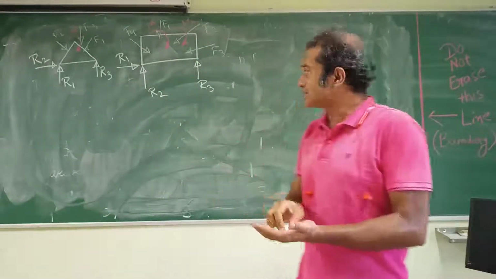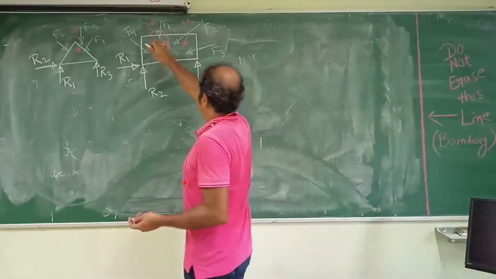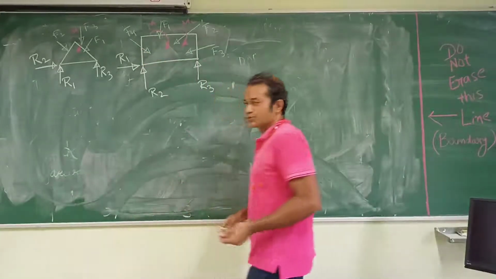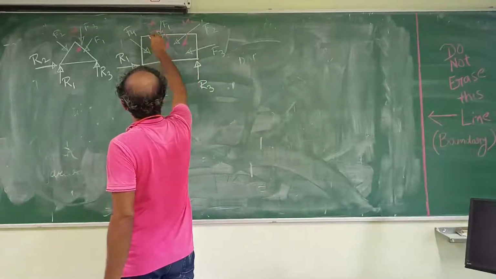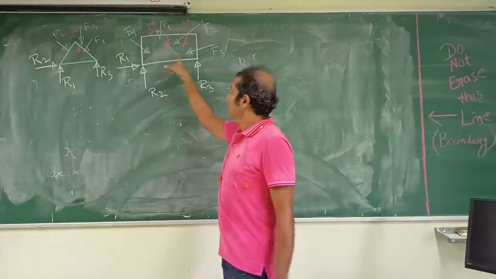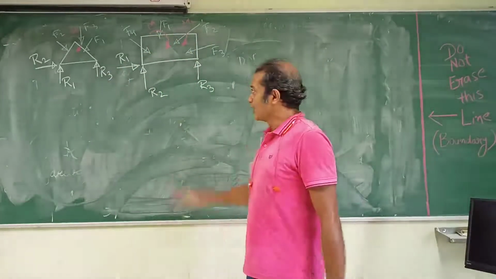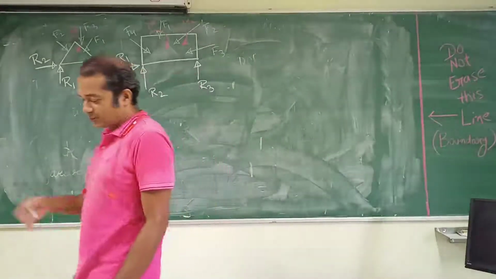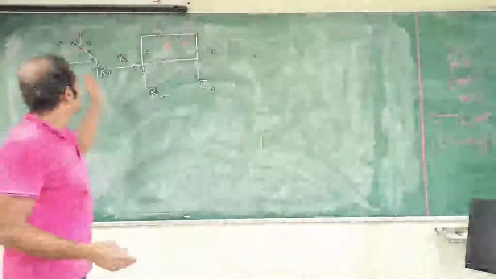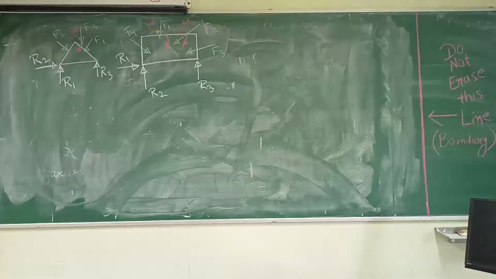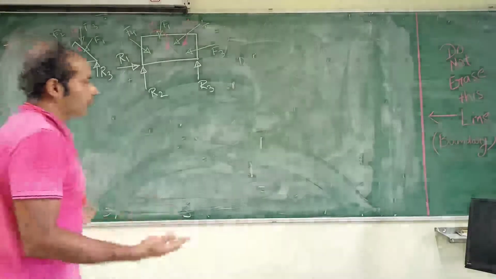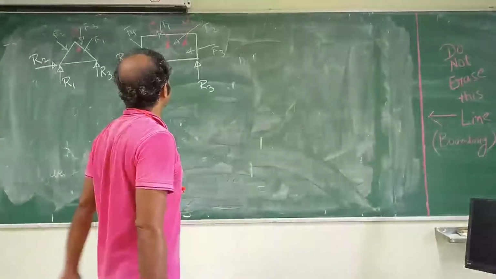What is going to happen is that if you remove these three constraint forces, the degrees of freedom is 4, so it is going to collapse. That is what we discussed in our previous class: why the triangular structure is the basic structure of your truss or any structural member.